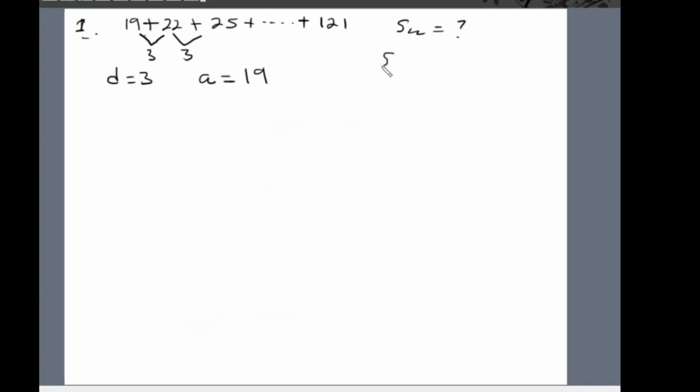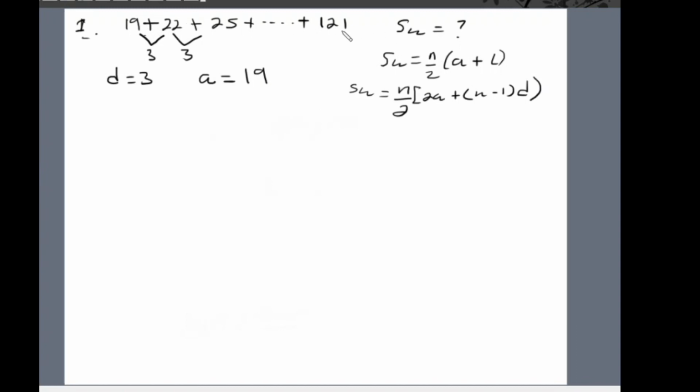The formulas we use are Sn equals n over 2 times the first term plus the last term, or this formula here, Sn equals n over 2 times 2a plus n minus 1 d, right?